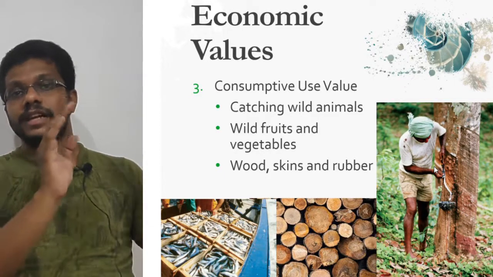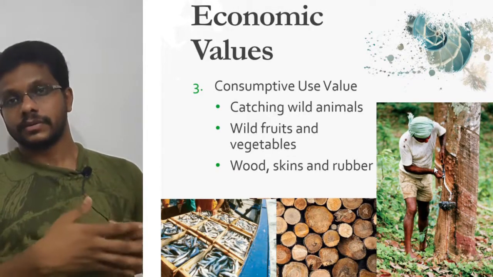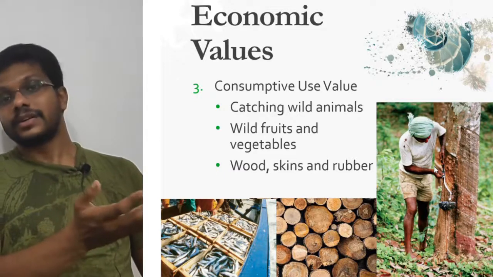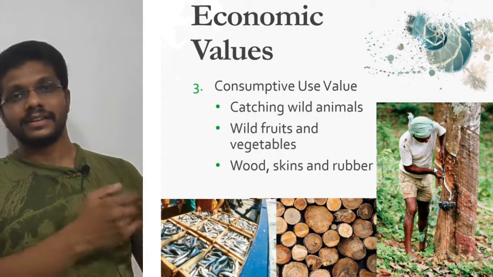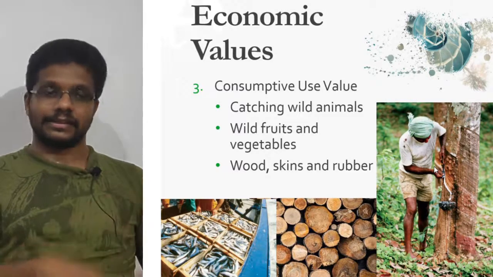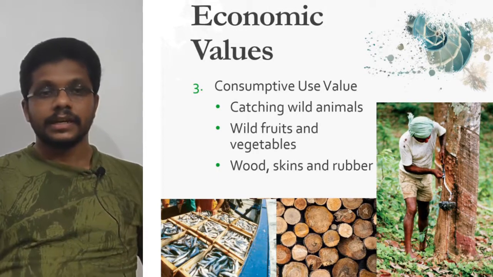If that area is disturbed by some construction or agriculture, what happens? The organism couldn't be there. So we don't get that particular enzyme to run the PCR reaction. So we are consuming so many things from nature directly. So these are the economic values of biodiversity.